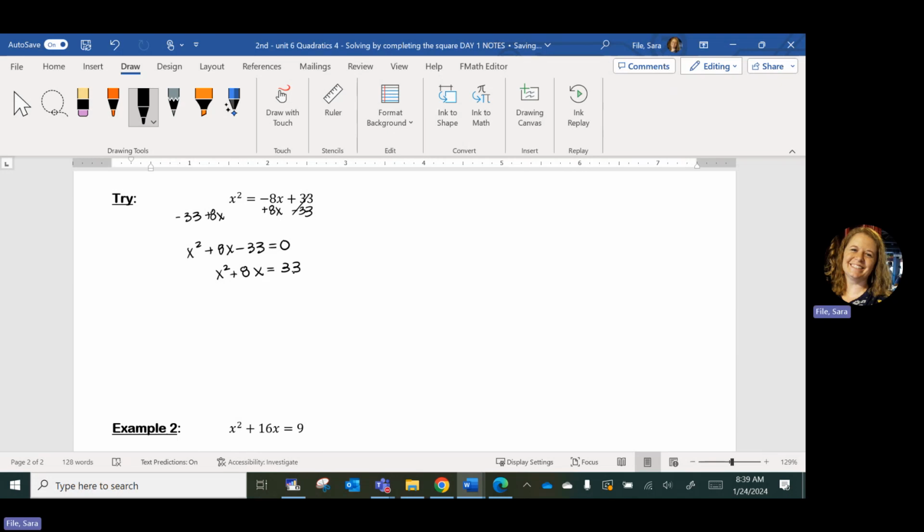So far, so good? All right, now I'm ready to do the B divided by 2 squared to figure out what I'm adding to both sides. So what is my B value this time?